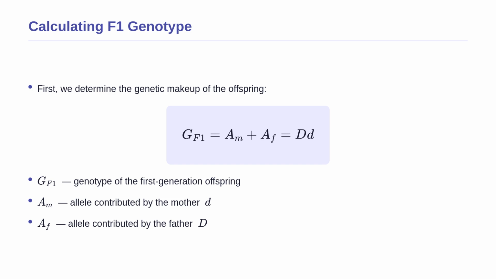GF1 represents the genotype of the first-generation offspring. AM is the allele contributed by the mother, which is lowercase d. AF is the allele contributed by the father, which is capital D. By adding the mother's recessive allele and the father's dominant allele, we determine that the offspring's genotype is heterozygous, capital D, lowercase d.